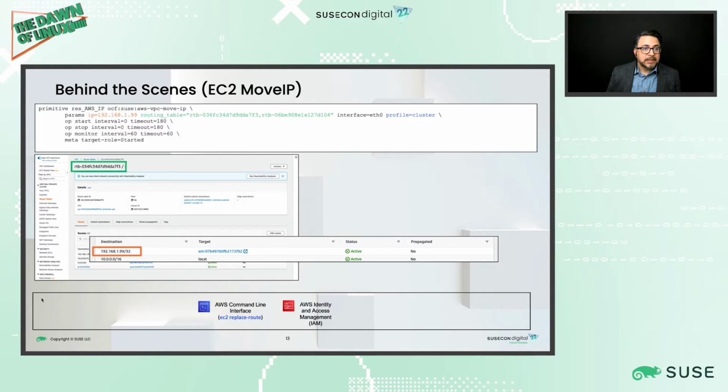The second line contains parameters that are specific to that AWS VPC Move IP. The first parameter is an overlay IP address. All network traffic that is destined for the cluster goes to that overlay IP address, and the actual application that we set up for high availability will respond based off that IP address.